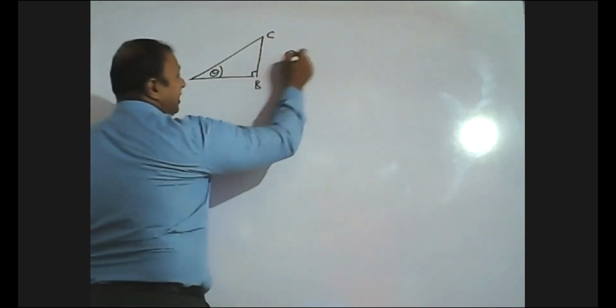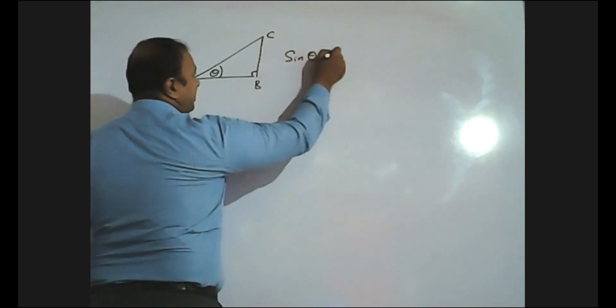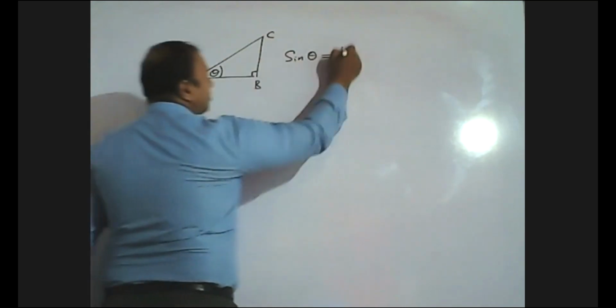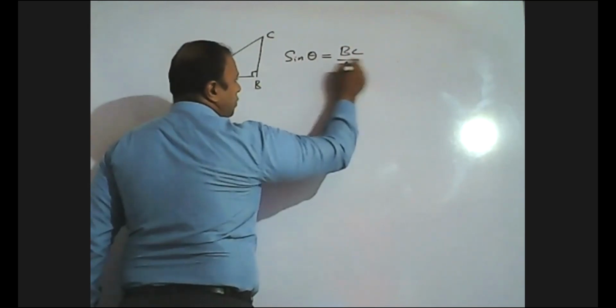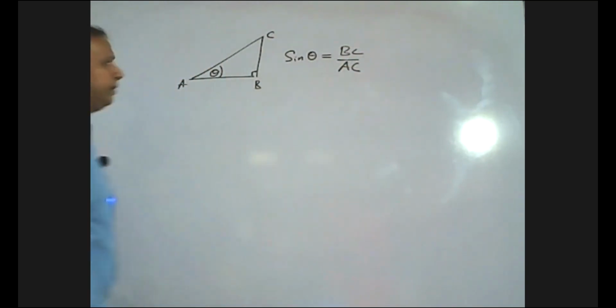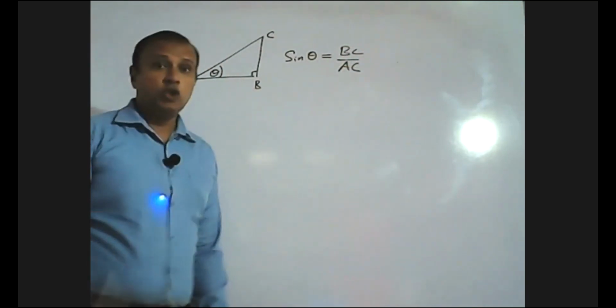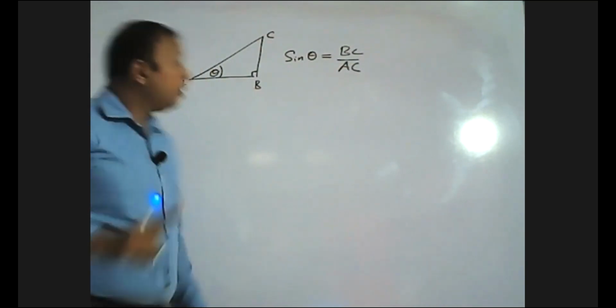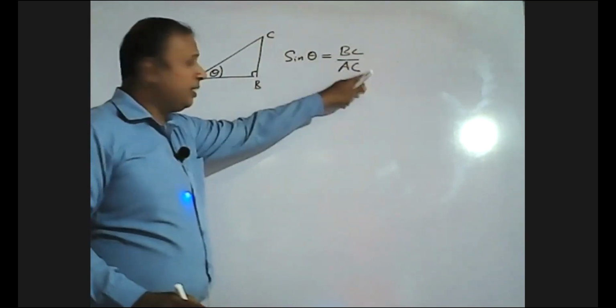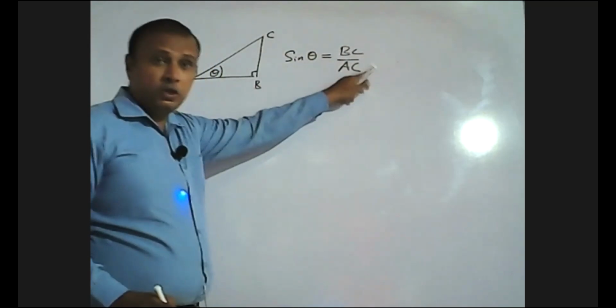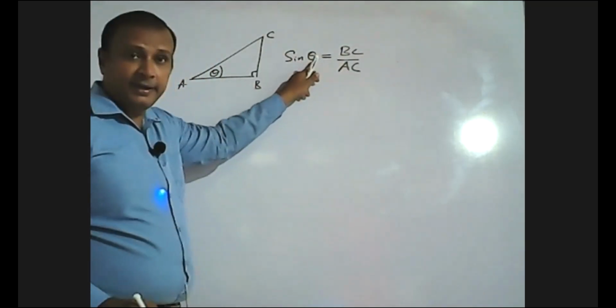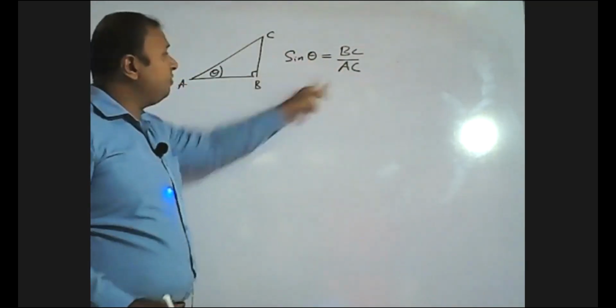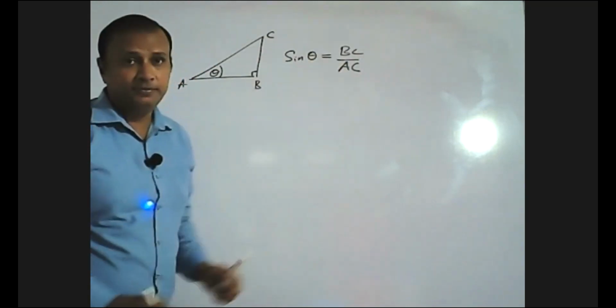Look at this. I can write sine theta as BC over AC. So if you know one of these two values with the angle, then we can find the other unknown value.